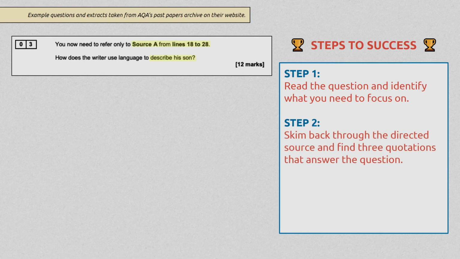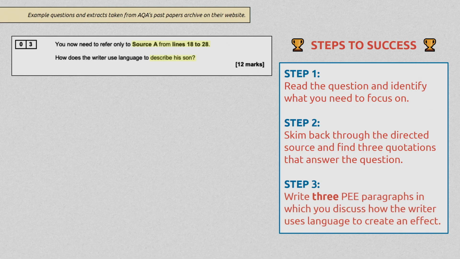And that brings me on to step 2. I skim back through the directed source, which in this case is source A, and find 3 quotations that answer the question, which in this case is 3 quotations about how his son is described. And once I've got my 3 quotations, I will then write 3 PEE paragraphs in which I discuss how the writer uses language to create a specific effect.